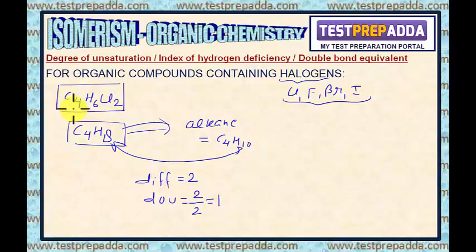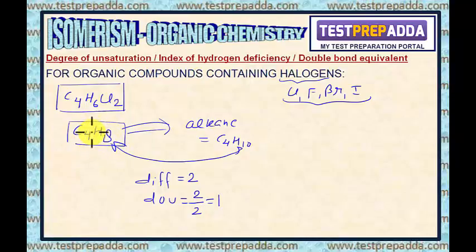So in compounds where halogen atoms are present, halogen atoms are monovalent, similar to hydrogen atoms. So to find the degree of unsaturation in the compound, we will replace halogen atoms with hydrogen atoms. This way 6 plus 2 becomes 8 hydrogen atoms.